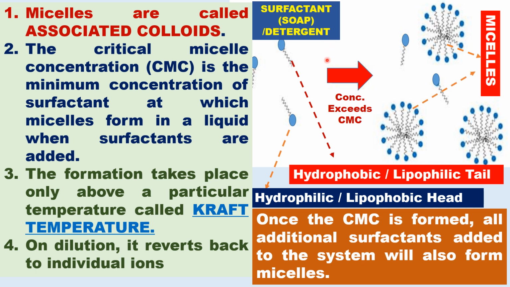Now, what will happen when surfactants are added to water? When surfactants are added to water, they form aggregates, called micelles. At what concentration are these micelles formed? That is called the critical micelle concentration.